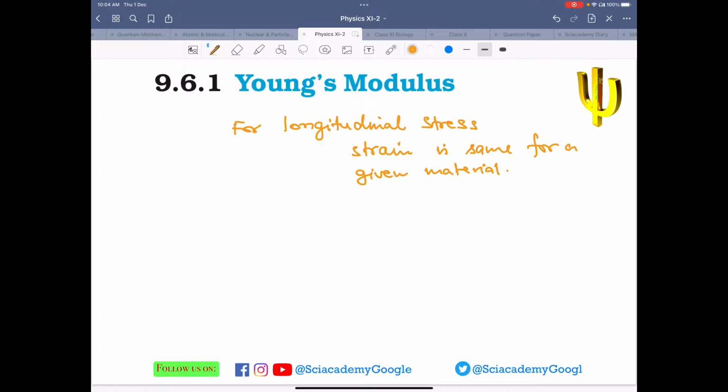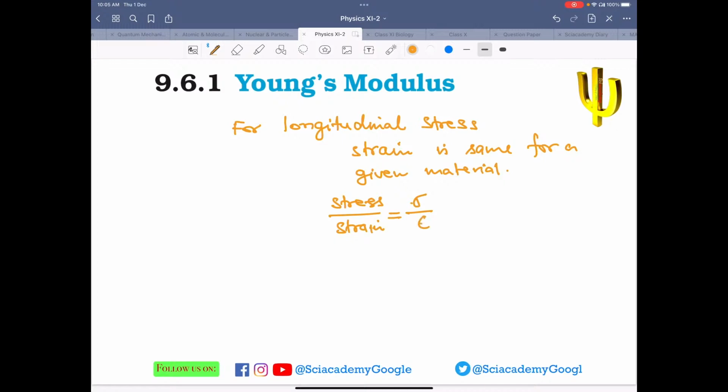That means the ratio of the stress by strain, what type of stress? This stress is longitudinal stress, and we denote it as sigma, and this strain is the longitudinal strain.